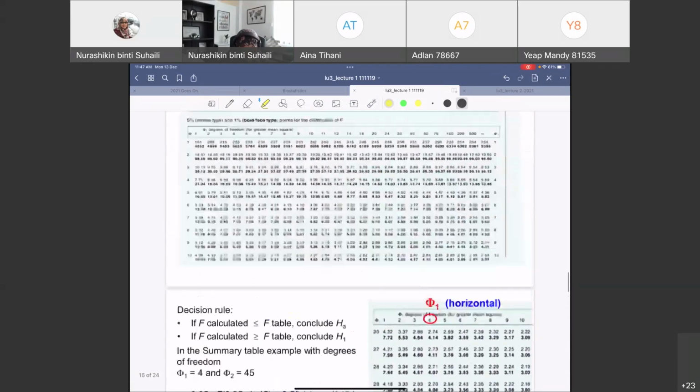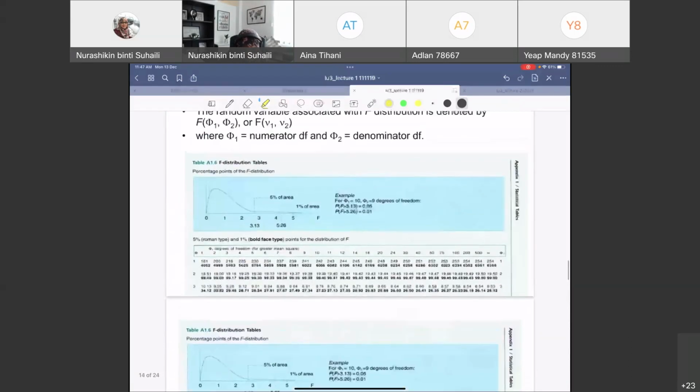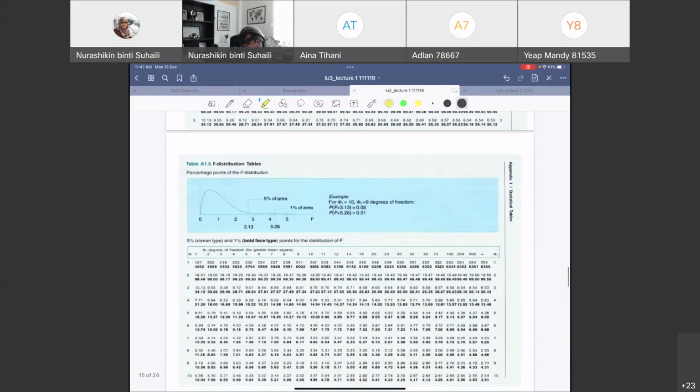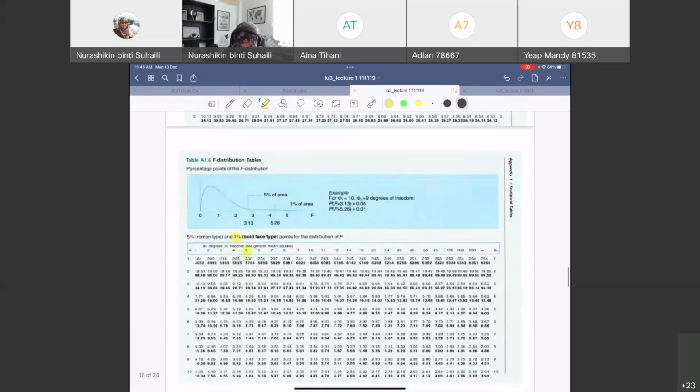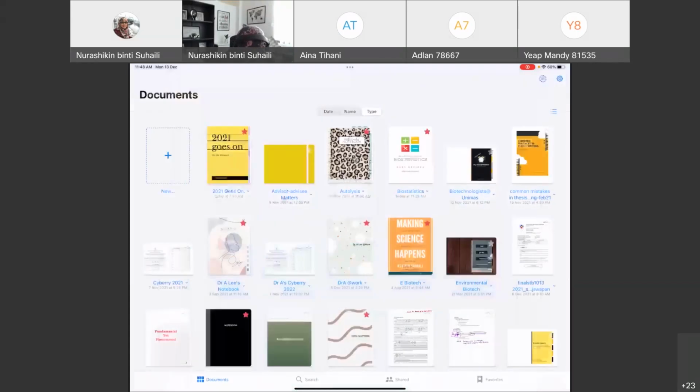So for the table, 5, 24, and 1%. Okay, so now we need to use this. Degree of freedom, the first one is 5, isn't it? So 24. This is not, let me go to the full version of the F table.